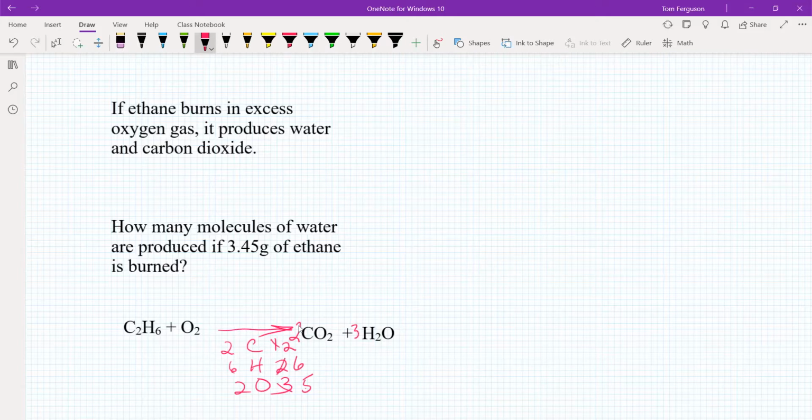That changes our oxygens again. Okay. So now we have 4 and 3 is 7. So what do we multiply 2 by to get 7? Well, 3.5. Let's make some more room here.